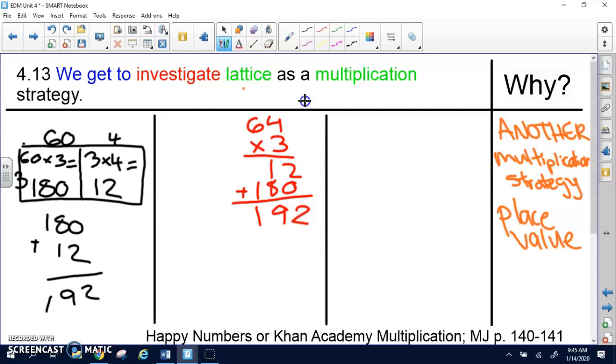So this is what 64 times 3 would look like. Can I have you maybe close your journals if you need to, and have your eyes here? The same principle as partition rectangles applies with lattice. If you have two place values in one number, you're going to have two place values going one way, and one place value with the other number going the other way.